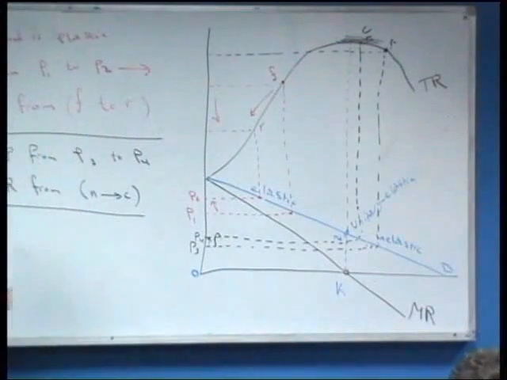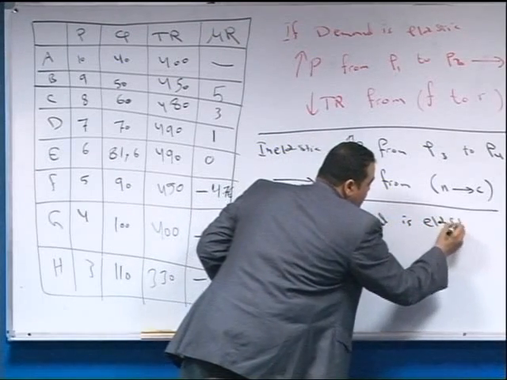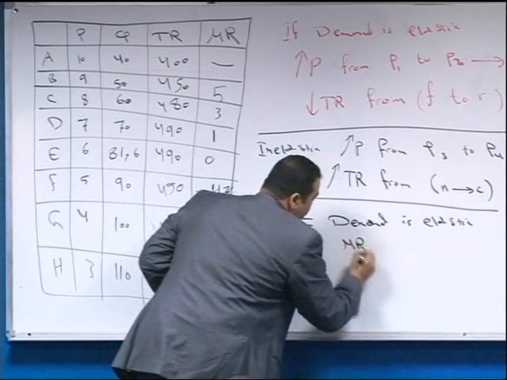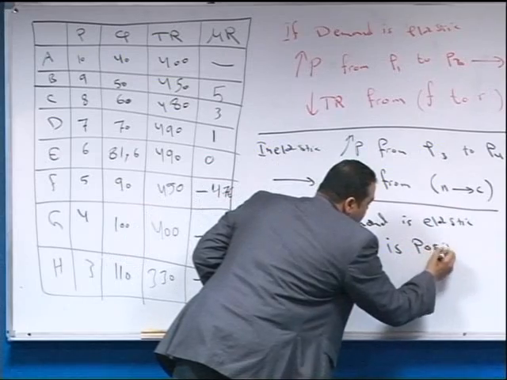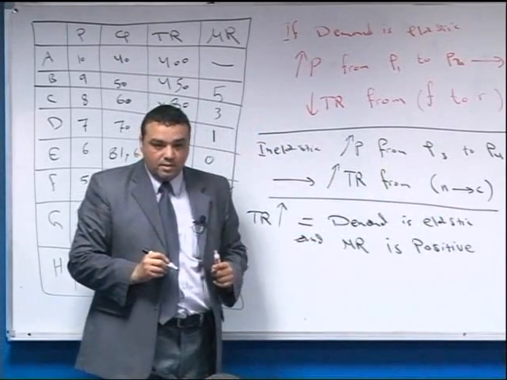As you see in this diagram, the demand is elastic, and MR, the marginal revenue, is positive.